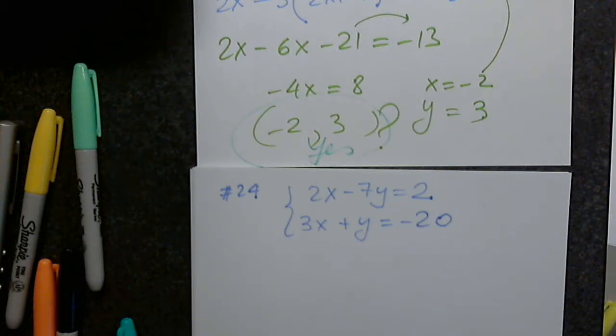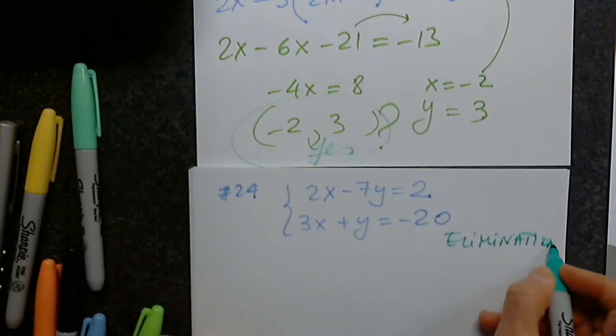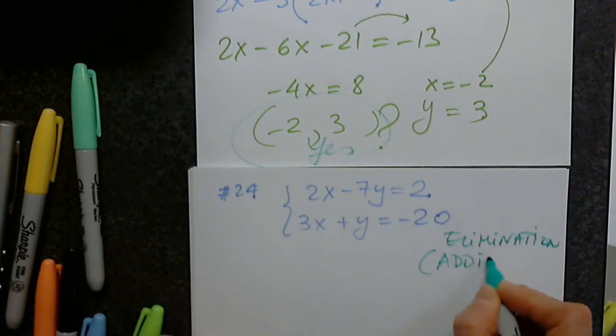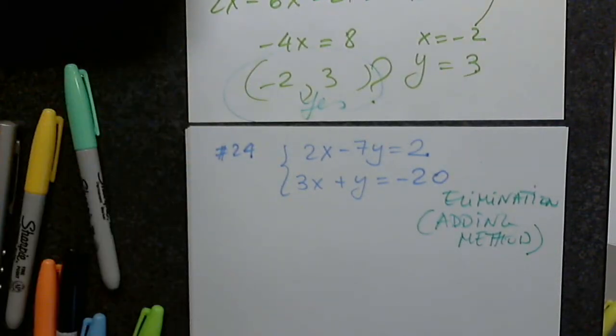We are not graphing. For this particular situation, we want to use the elimination, also called the adding method. I have to make a decision which variable I would like to eliminate. And here is the decision process.